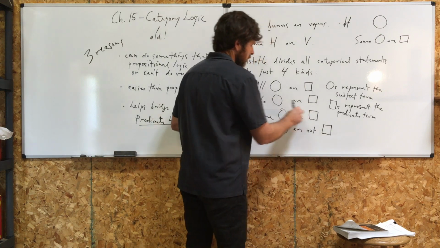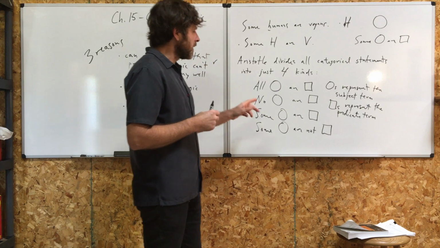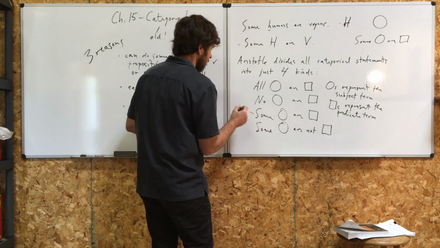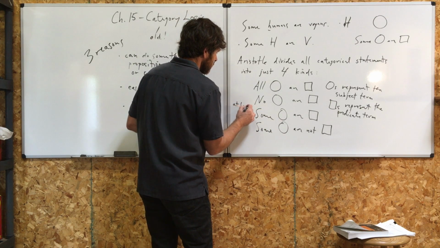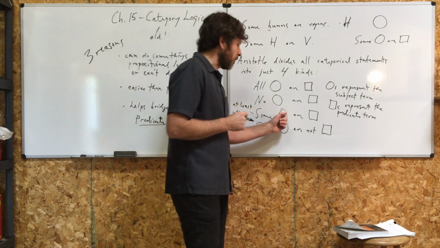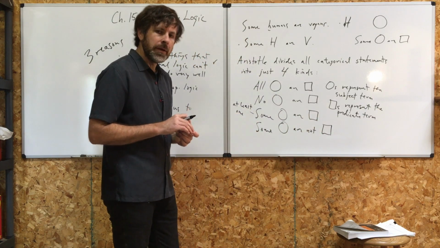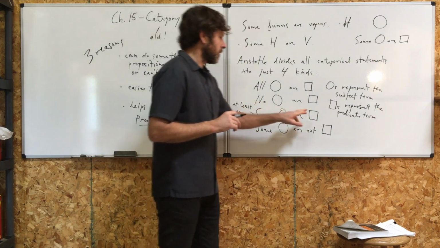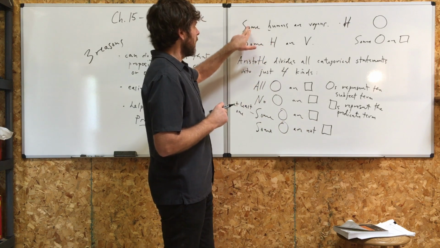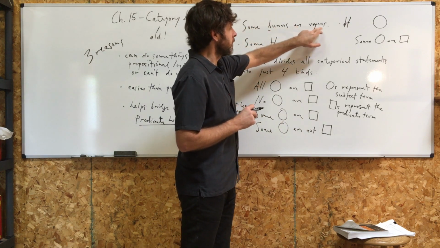Some circles are squares. That means at least one member. Some means at least one. At least one member of circle is included in the square set. So for example, at least one human is vegan.